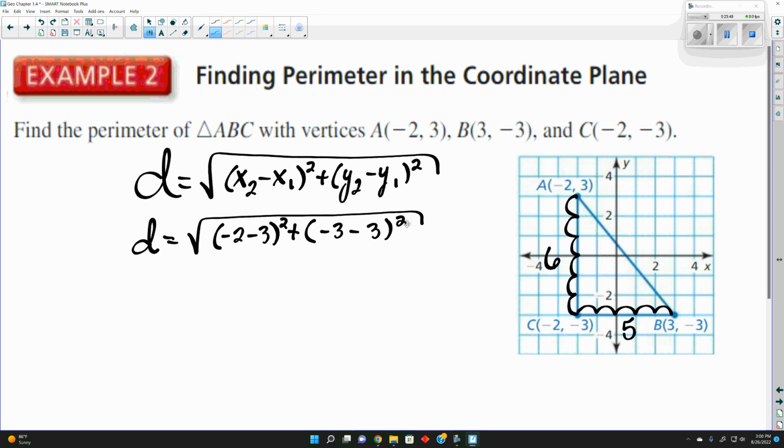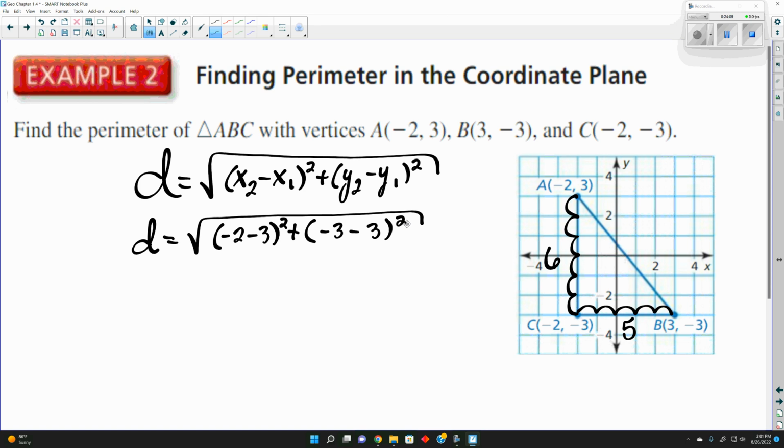Now at this point here, we can type the whole thing into the calculator because we can do second square root parentheses, -2 minus 3 close parentheses squared plus parentheses -3 minus 3 close parentheses squared, and hit enter. And it'll give us the answer.